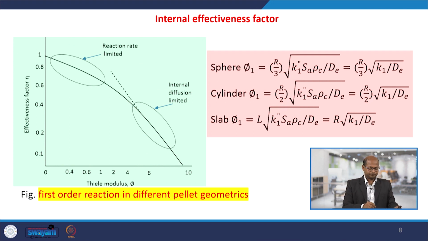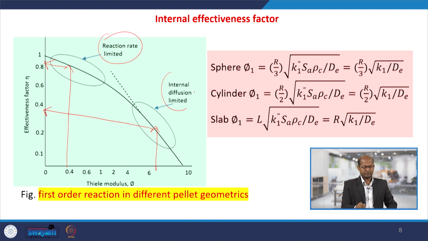So, here you can see that when the Thiele modulus is a very small value, the effectiveness factor is close to 1. Then we can say the reaction rate is limiting. When the Thiele modulus is a large value, the effectiveness factor should be like this, and then we can say that internal diffusion limits the rate of the reaction.